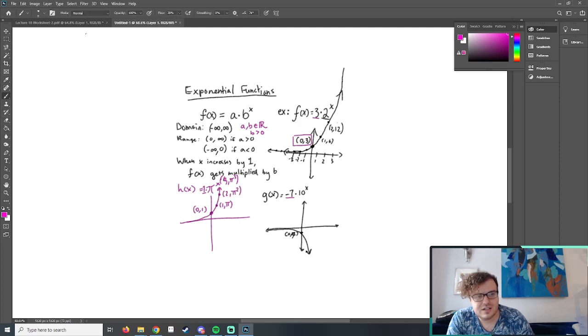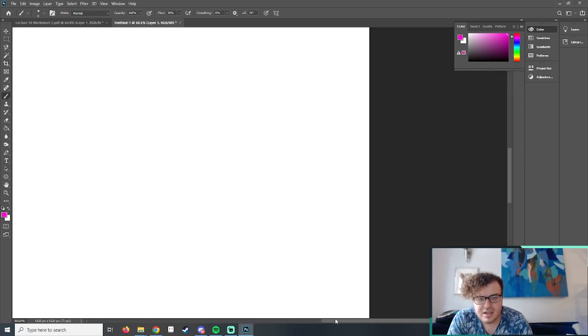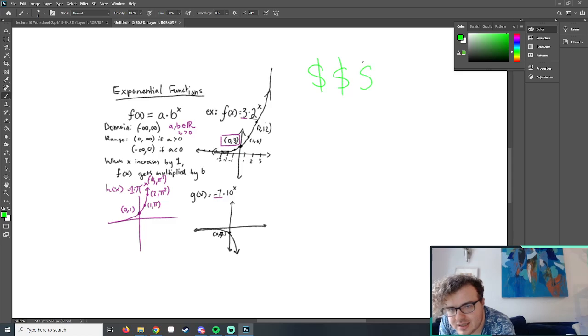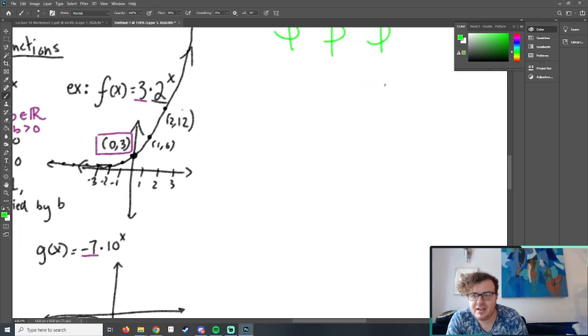So here we have a new definition that we need. We're going to be talking about money. Specifically, we will be talking about a set of exponential equations that happen to be very important mathematically, known as the interest equations. So we have two interest equations.